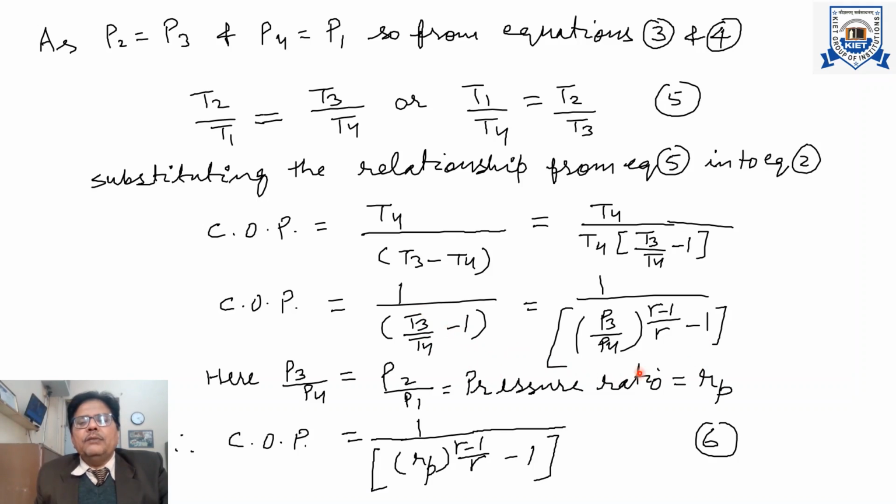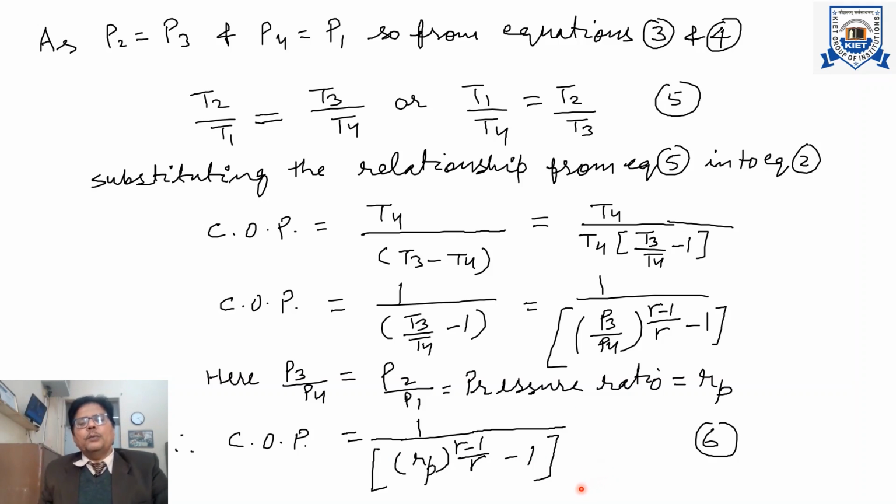In the previous slide we calculated T3 over T4 as P3 over P4 raised to the gamma minus 1 over gamma, and we know P3 is the highest pressure and P4 is the lowest pressure. So this is the pressure ratio, and we can name it Rp. So COP in terms of pressure ratio can be calculated as 1 over Rp raised to the power gamma minus 1 over gamma, minus 1.